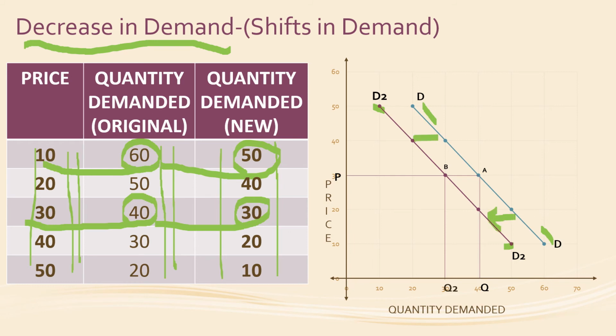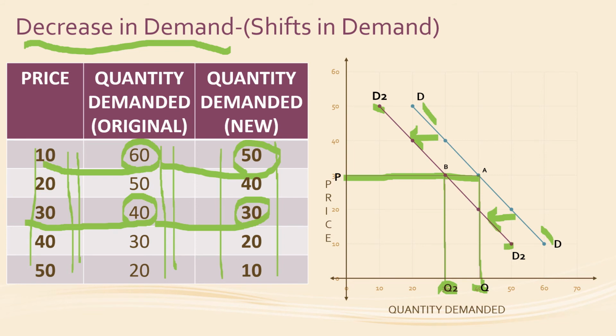There is a new demand curve which has shifted backwards because it clearly shows the decrease in the demand. At the same price 30 or OP, earlier the quantity demanded was OQ or 40 units. But now that the demand has decreased due to factors other than price, the quantity demanded at the same old price is now a lesser quantity, that is OQ2.